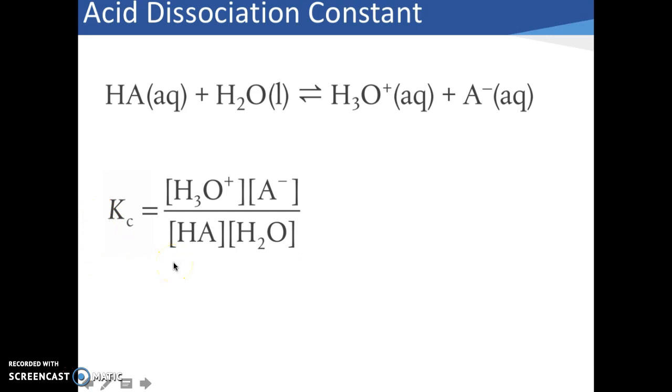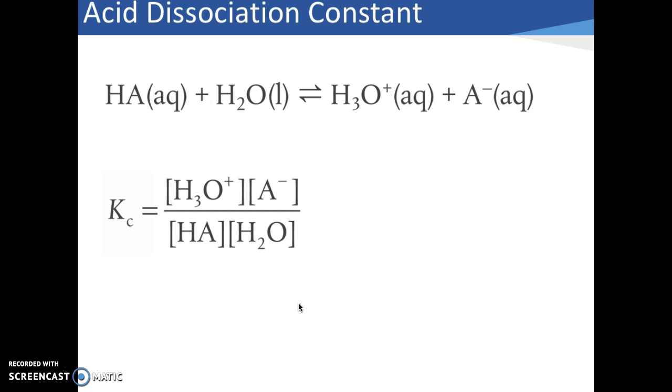But here's the deal: when you're looking at things like a weak acid, the concentration of water is really not going to change that much over the course of this dissociation.